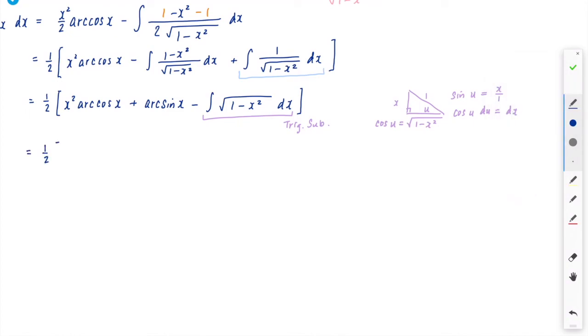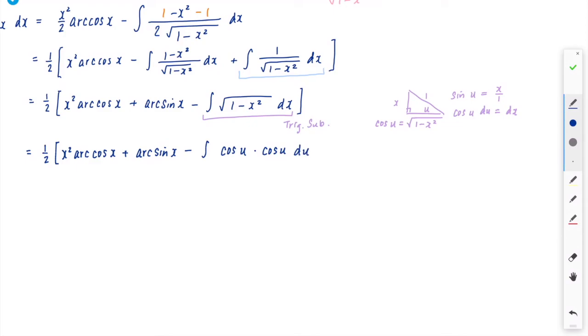Which means I have the following: arc cos x plus arc sine x minus. So what do we have here? We have the integral of cosine u, and dx is now cosine u du.